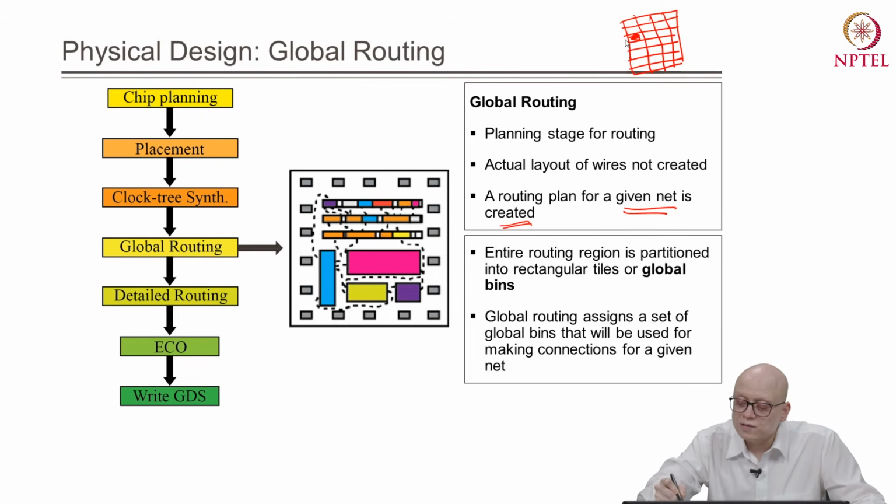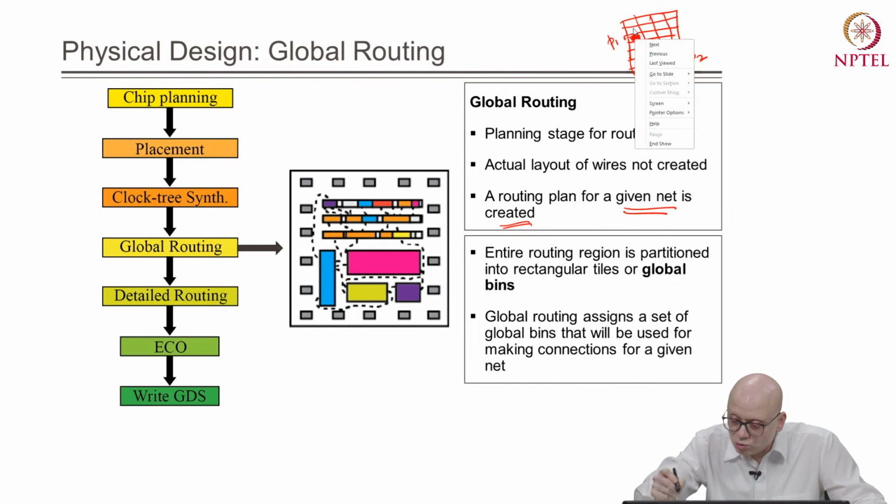For example, suppose there is a pin in this bin and it needs to be connected with a pin in this bin. If we need to route a net which consists of two pins P1 and P2, lying at some global bin here and some global bin here, then the global routing tool will say, okay, for this particular net, follow this path in terms of global bins, meaning that from this bin go to this bin, then this bin and this bin.